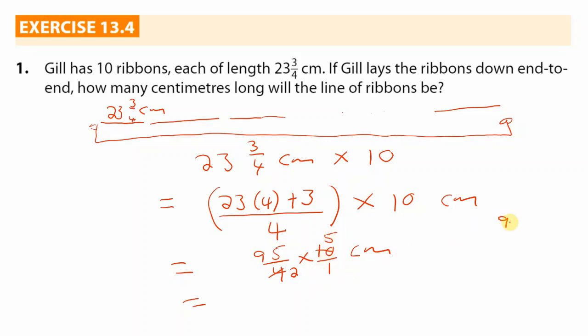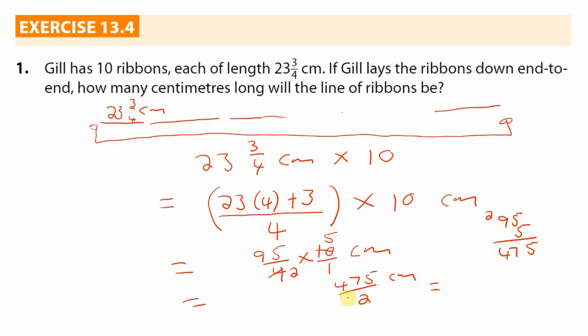So let's see what's 95 times 5. 5 times 5 is 25. 9 times 5 is 45, plus 2 is 47. So we have 475 centimeters divided by 2.